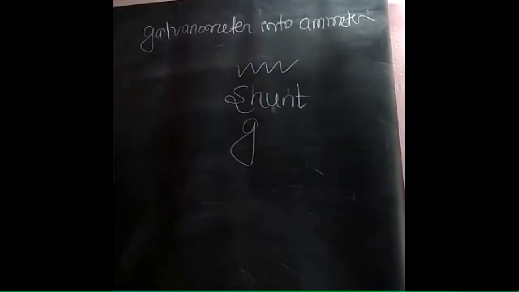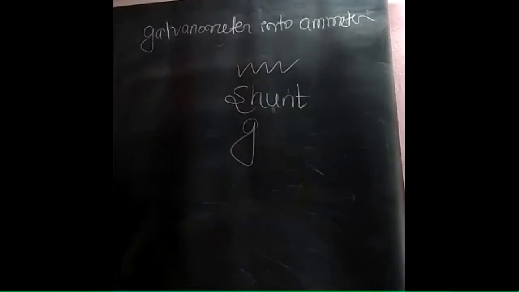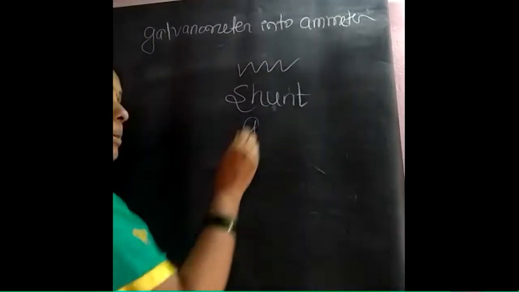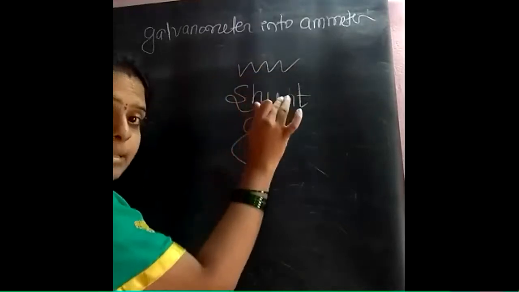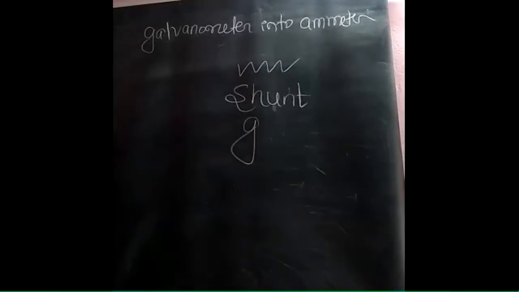A pointer galvanometer can be converted into ammeter by connecting a suitable low resistance. It is a low resistance value. The low resistance is called shunt resistance. So this is the theory behind this conversion of galvanometer into ammeter, right? I hope it is clear to everyone, how you can convert a galvanometer into ammeter.